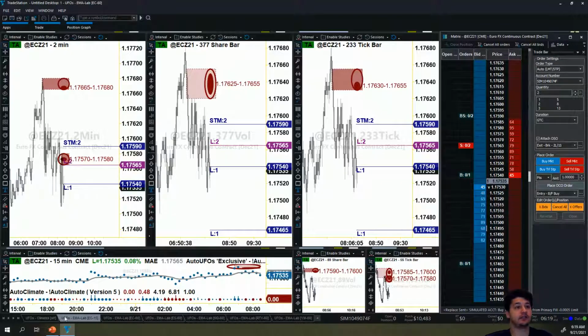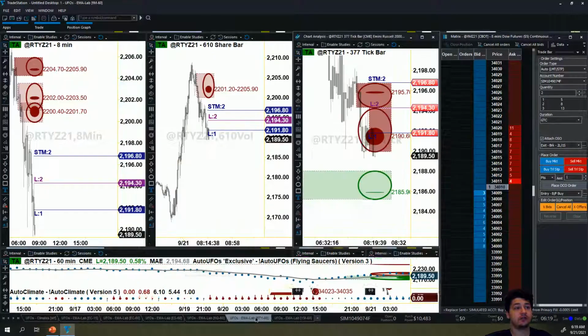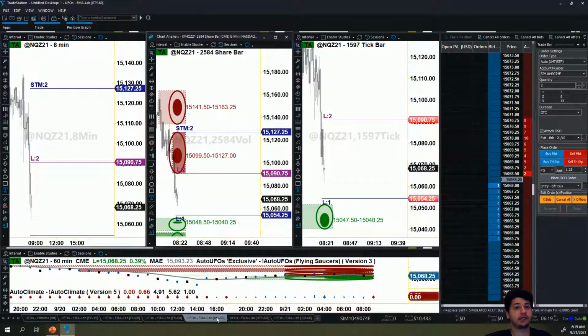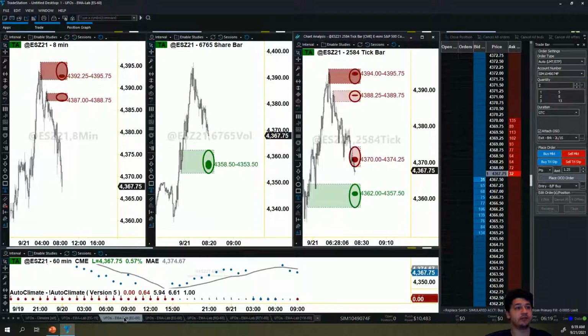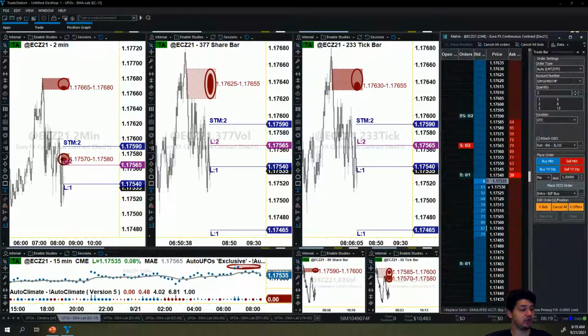All right, so let's see how this plays out. This may come close to Dow. Yeah, everything's kind of just sitting pretty still right now. So far, we do have our entry setup for the Russell and for the euro.